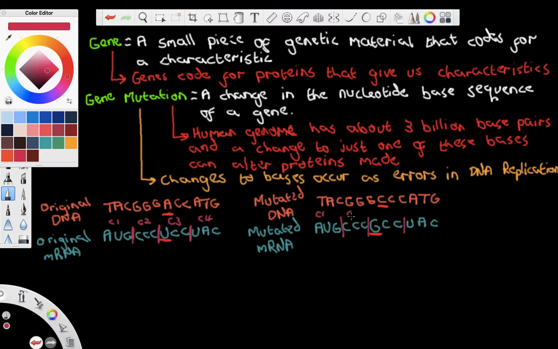Now, these first two codons are identical, and so is the fourth codon. They are identical. Okay? But we now need to think about the protein being formed. So I'll switch to this yellow colour, and we'll put original protein.